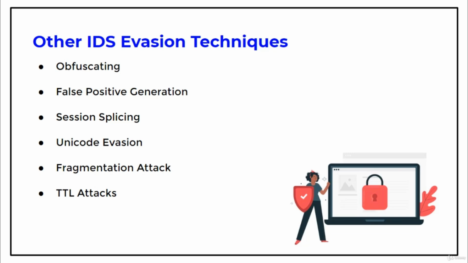Now, in this scenario, the IDS will drop the fragment as the second fragment is received after its reassembly timeout, but the target system will reassemble the fragments. The attacker will keep sending the fragments with 15-second delays until the attack payload is reassembled at the target system.